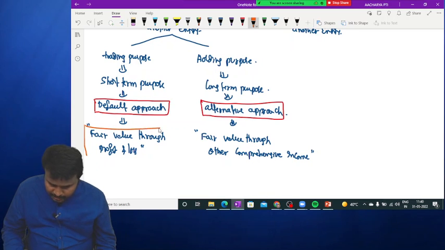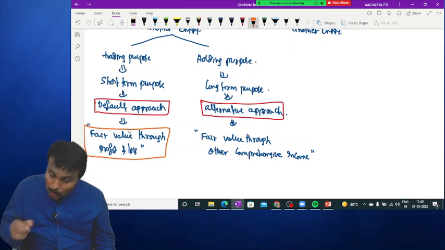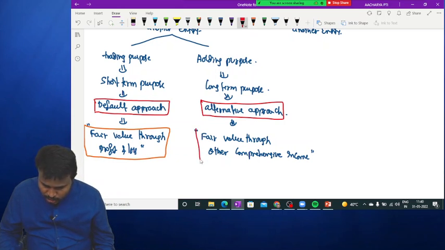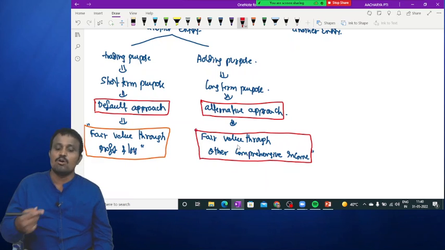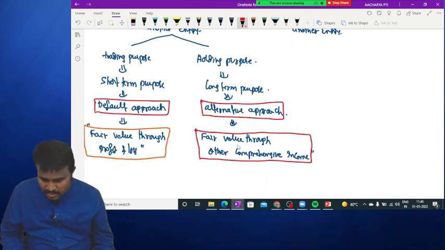So whenever in case of any problem, if you see the word default approach, then we route that investment as fair value through profit and loss. And if you have this alternative approach in the problem, we have to account it as fair value through other comprehensive income.